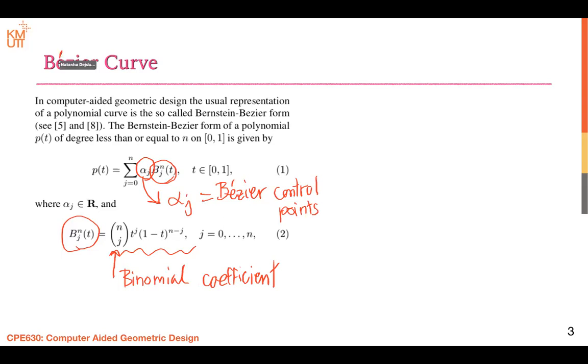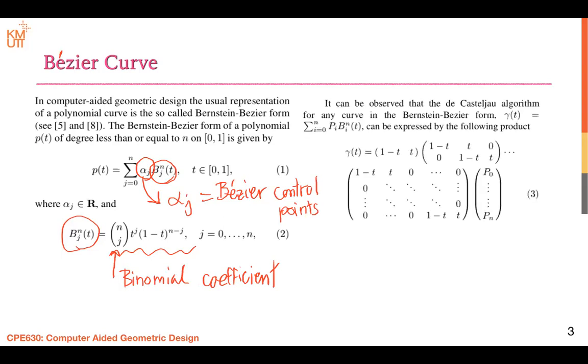The idea of the Bezier curve is the inspiration for building the new curve, the DP curve, because the Bezier curve can be represented in many forms. This one is one form, the polynomial form, or we can represent the Bezier curve in terms of the monomial form, polar form, or even the recursive algorithm for the Bezier curve.